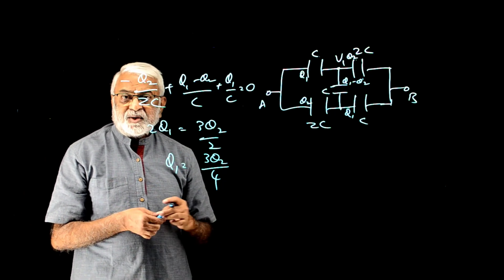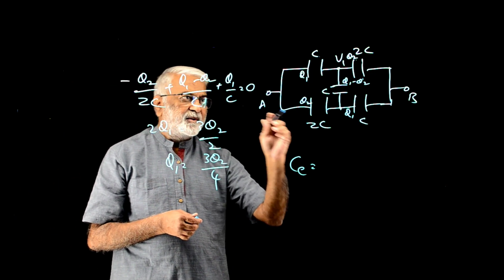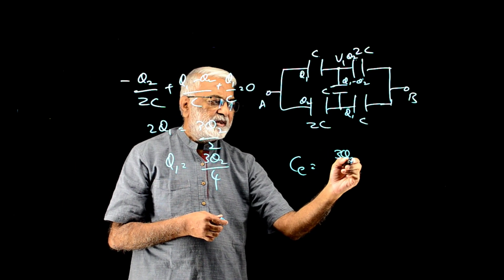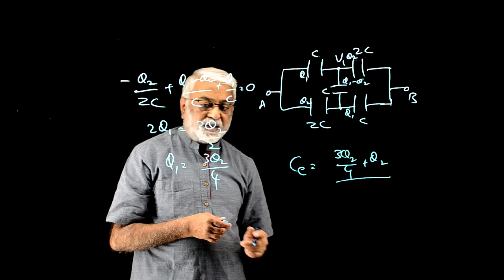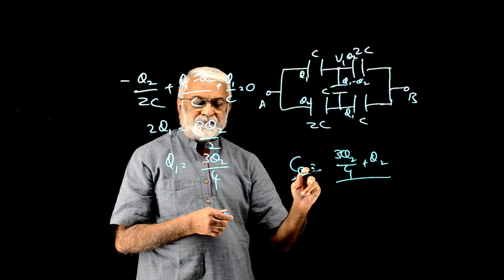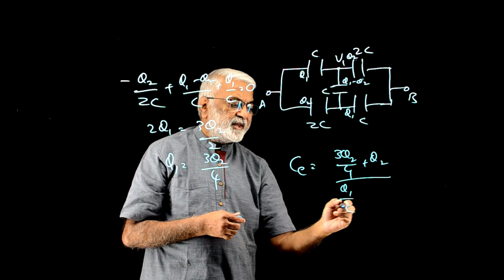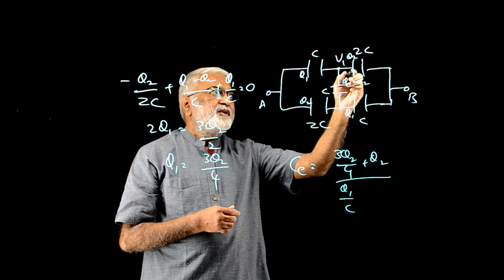Now let's calculate the equivalent capacitance, and that would be C effective, the charge that has flowed in from A to B, that's Q1 plus Q2, divided by the potential difference V. Q1 is 3Q2 by 4. We can express that in terms of Q1 and Q2. This is Q1 by C, potential difference between A and B. This is a decrease of potential Q1 by C, and this is Q2 by 2C.